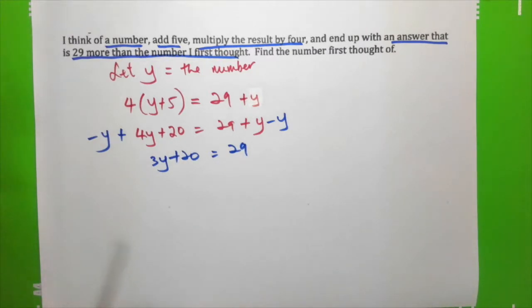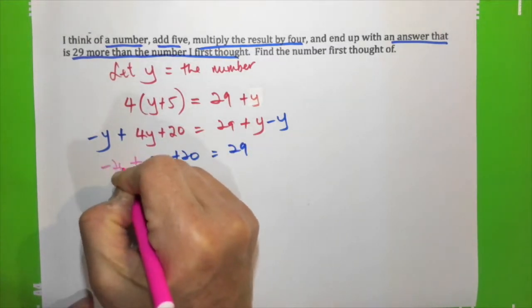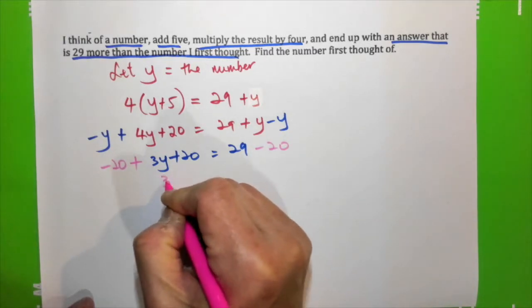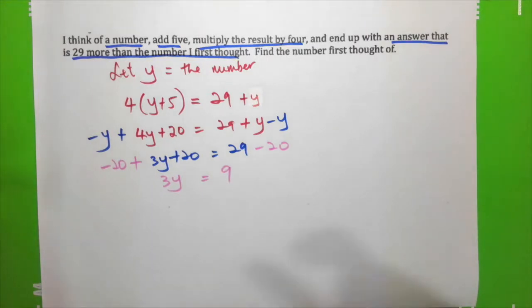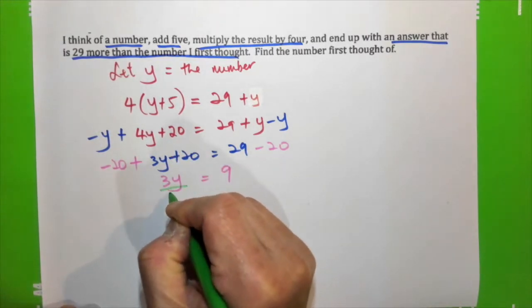Now what I want to do is eliminate 20 here. So take away 20, we have 3y equals 9. Now, we need to eliminate the 3 from here. Divide that by 3.